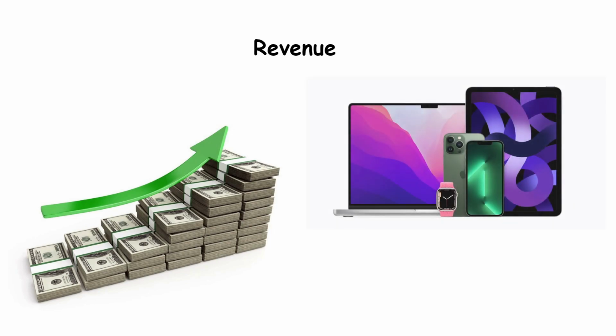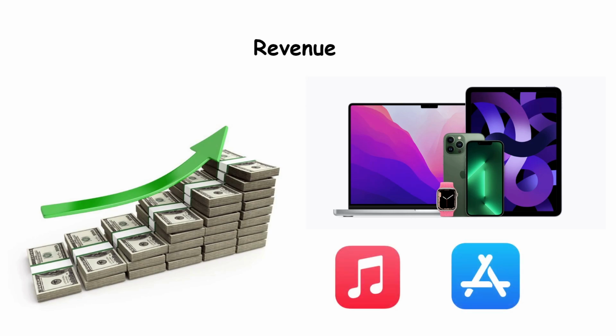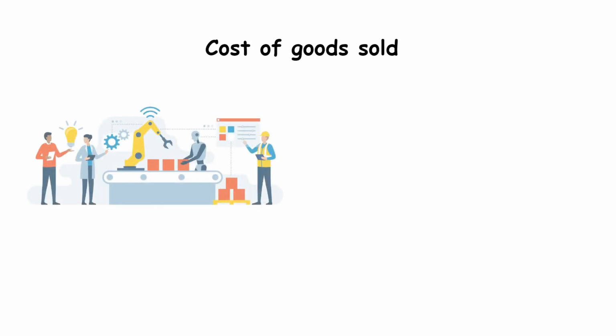In Apple's case, revenue includes sales of iPhones, iPads, Macs, and other products, as well as services like Apple Music and the App Store. Cost of goods sold is the direct cost of producing or acquiring the goods that a company sells during the period covered by the income statement.